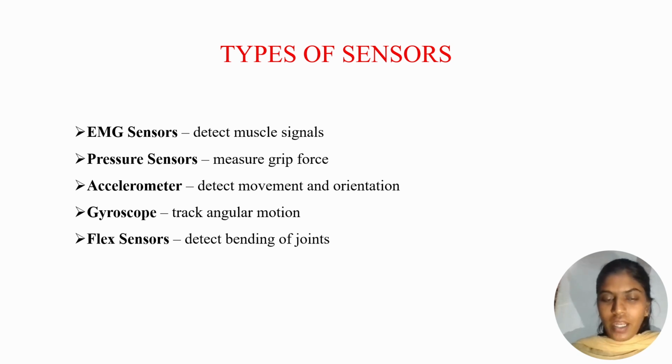The accelerometer detects the movement and orientation of the artificial prosthetic limb. The gyroscope tracks the angular motion of our hand, as it moves through some degrees, so we are continuously measuring with the gyroscope and flex sensors.